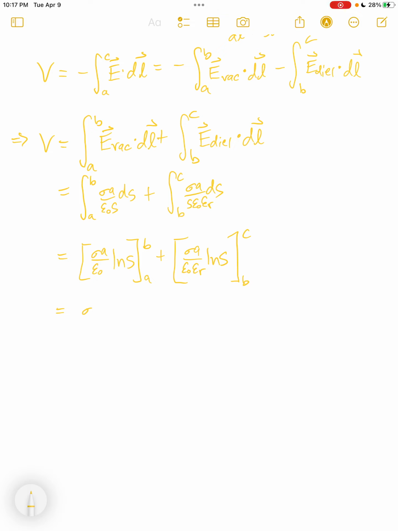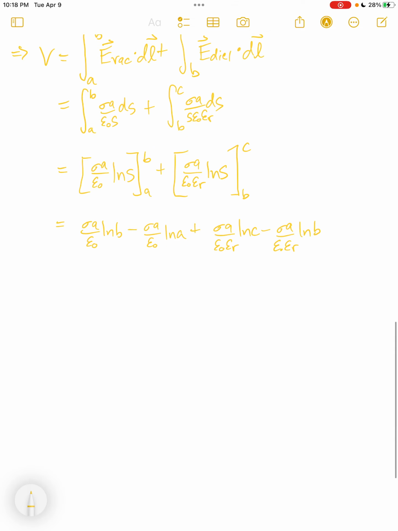So this is sigma A over epsilon 0 times ln B minus sigma A over epsilon 0 times ln A plus sigma A over epsilon 0 epsilon r ln C minus sigma A over epsilon 0 epsilon r ln B. Okay, let's do some factoring and use some ln properties to make this simpler.